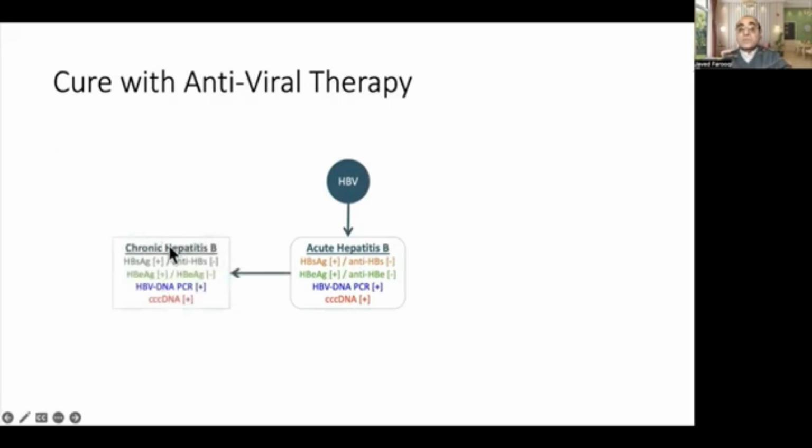When the patient becomes chronic, it remains the same: HBsAg is positive, HBeAg is positive, DNA is positive, and cccDNA is positive for more than 6 months, and it has two phases then, HBeAg positive phase and HBeAg negative phase.